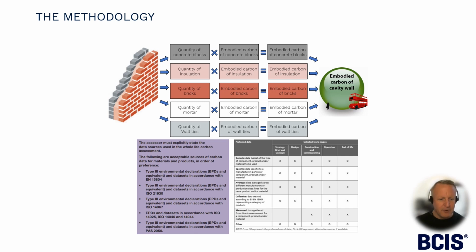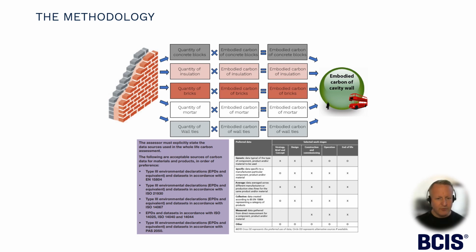But there is a confidence associated with the various pieces of information that you could use. Ideally, you'd be using an EPD that's been verified for the particular material that you want. If that EPD isn't available, of course, you may have to use similar EPDs for similar materials, or generic sort of averages for that particular construction material type.